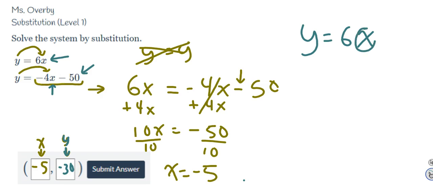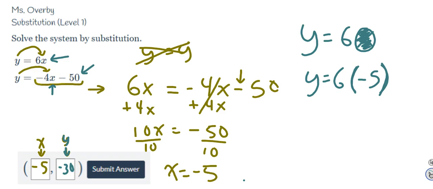What we're going to do is take the x and get rid of it, and instead of writing x, we're going to plug in that negative 5. When we plug in the negative 5, I always say they come in with their parachute, and their parachute's coming in around them, right?